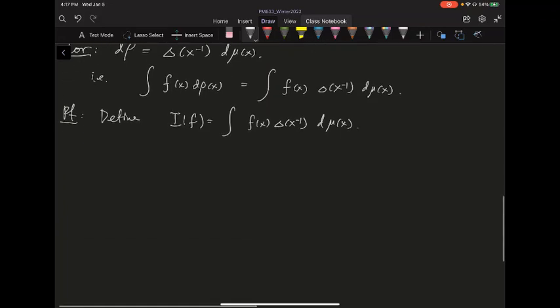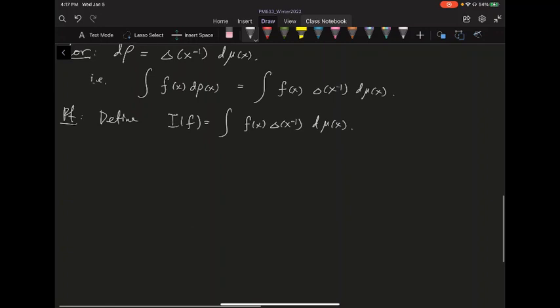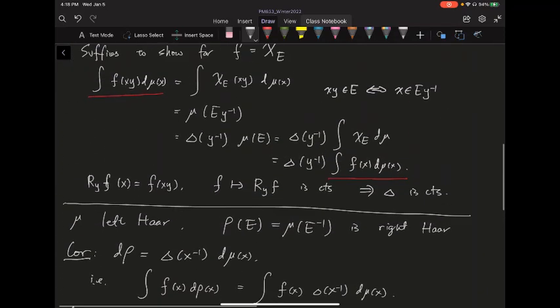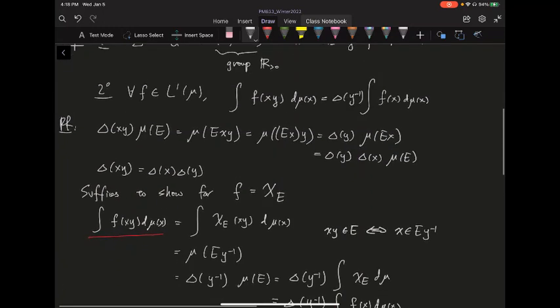So let's think about what happens if I want to translate on the right. If I consider f(x) Δ(x)^{-1} dμ(x) and want to translate things on the right, then I need to compensate by adding this Δ back. Let me bring up the formula we had before. Essentially it's saying if I want to add a y on the right, then on the right-hand side, this is my original integral.